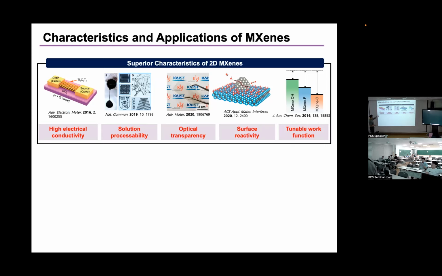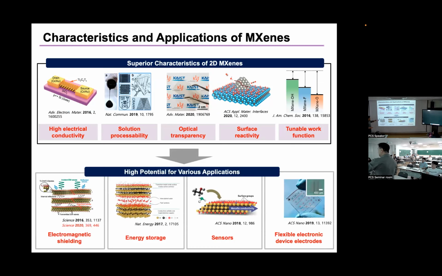For example, the high electrical conductivity. This MXene shows solution processability, optical transparency, and surface reactivity, and a tunable work function is possible by combining each M and X element.